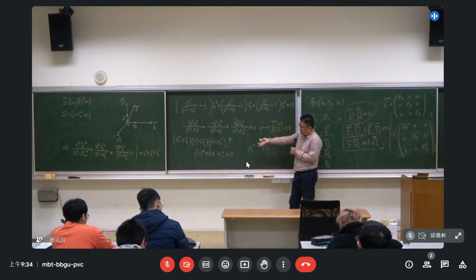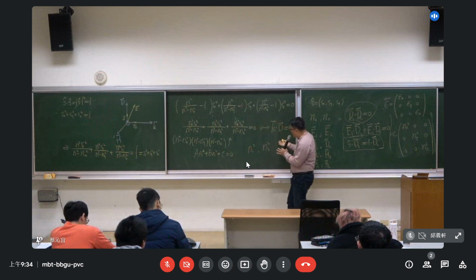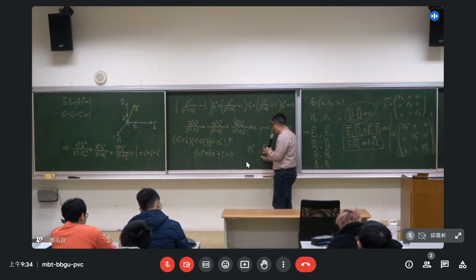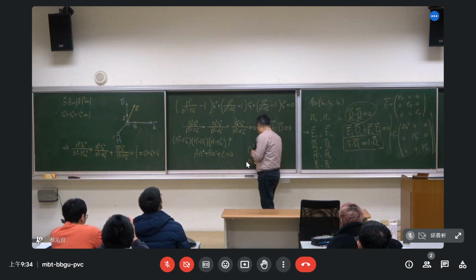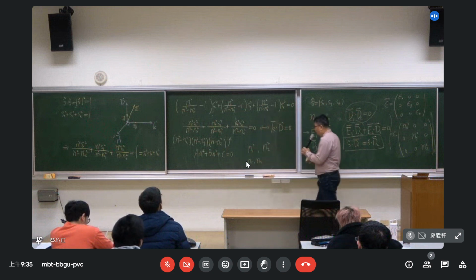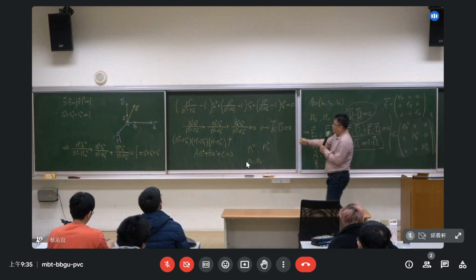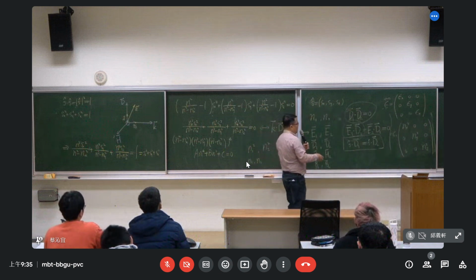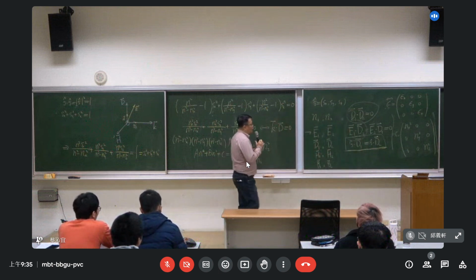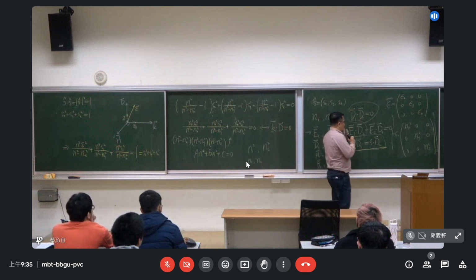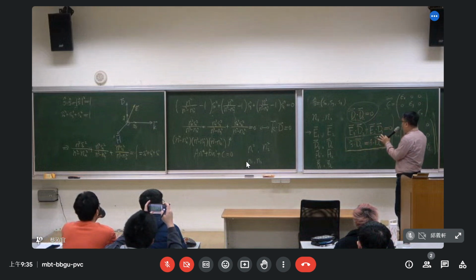I treat it as a quadratic equation of n squared. I get two solutions, n1 squared and n2 squared, and then I take the roots of them, I get n1 and n2, the two possible refractive indices. Okay, so this result is this one. If I want to derive this result, I can use a similar method.